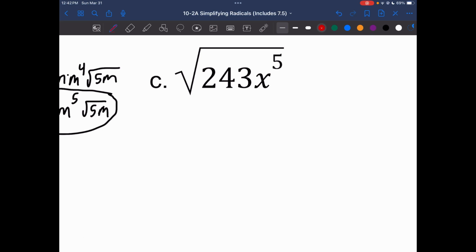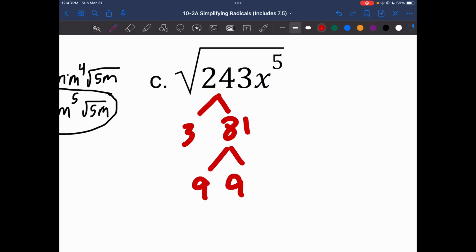Letter C, we have the square root of 243x to the 5th. So if I start figuring this out, I need to get some factors. We're going to go with 3 and 81. 81 breaks down into 9 and 9, and I'm going to just stop right there. I could take this all the way to prime and say it's 3 times 3 times 3 times 3.